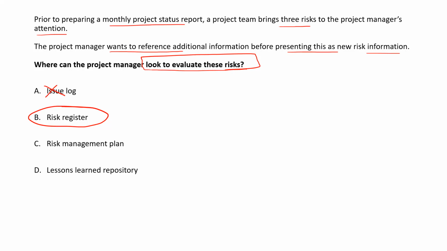If this option is not here, then the answer could be C, look to treat.